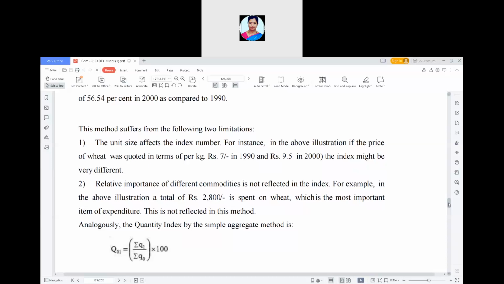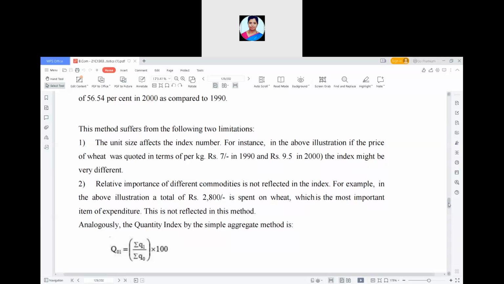So that's the main limitation. The second point is that the relative importance of different commodities is not reflected in the index.